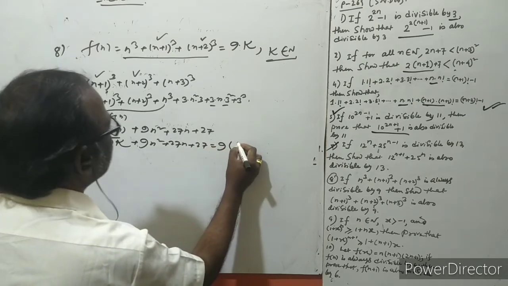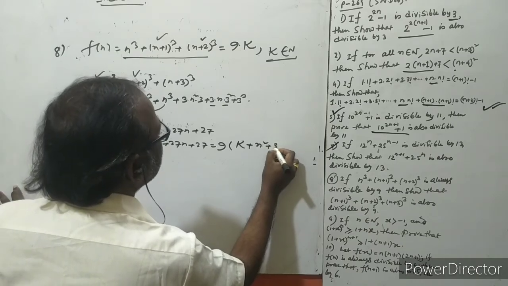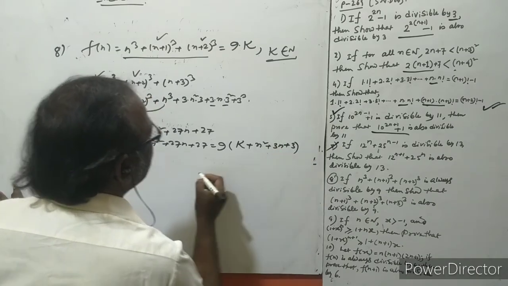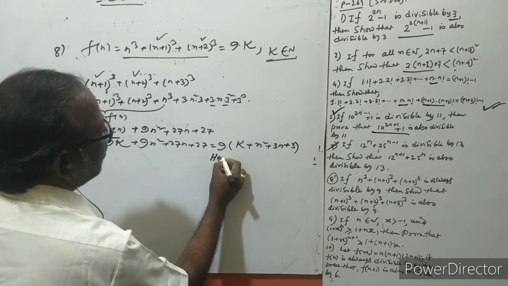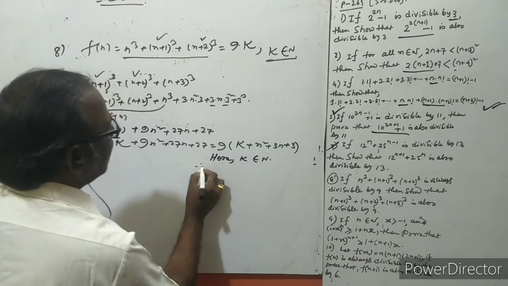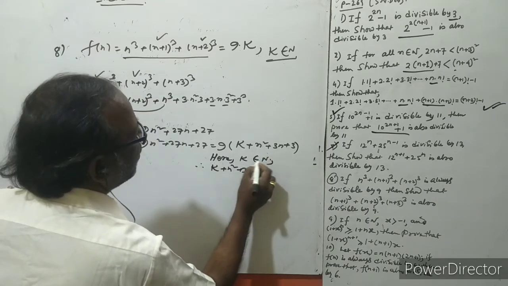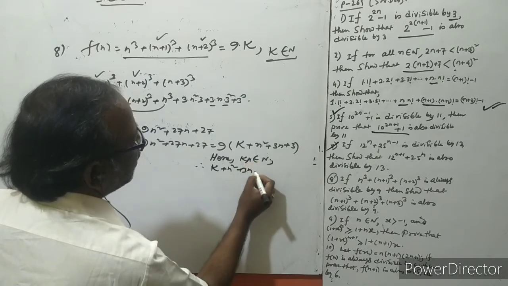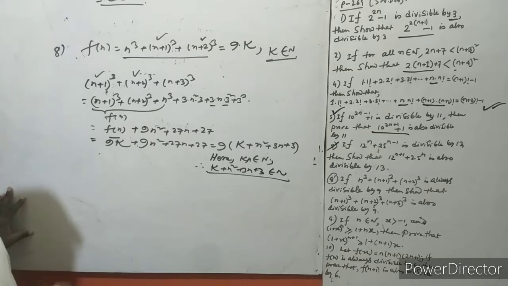Take 9 common, so that is k plus n square plus 3n plus 3. Here k is a natural number, and n square plus 3n is also a natural number.